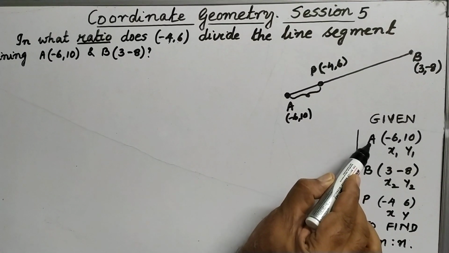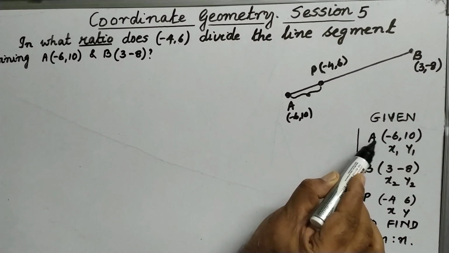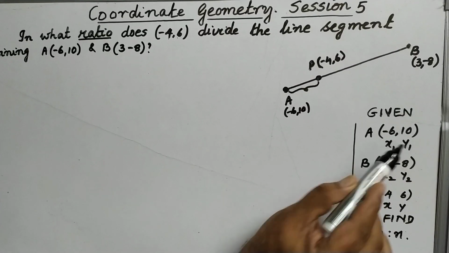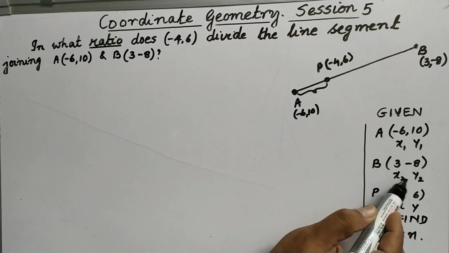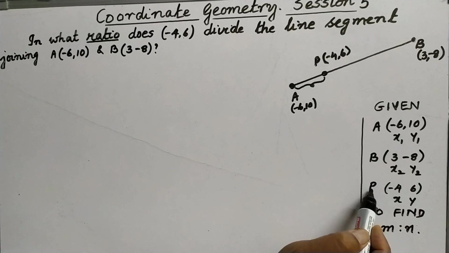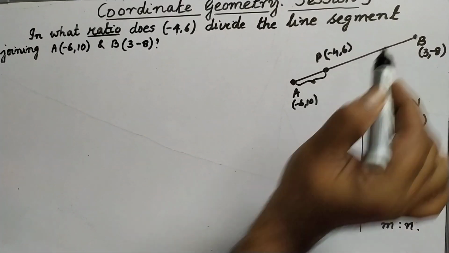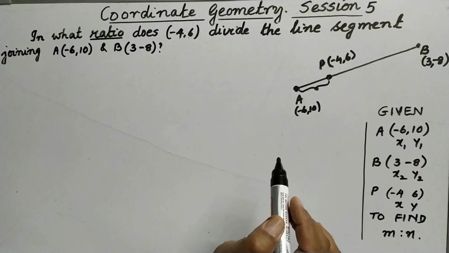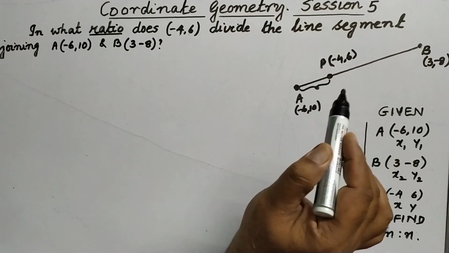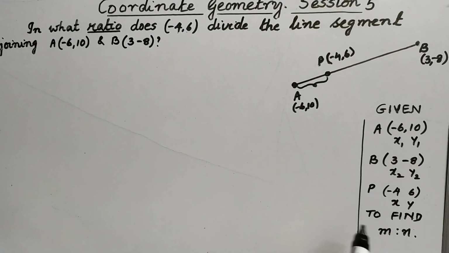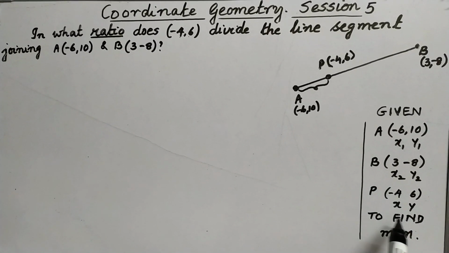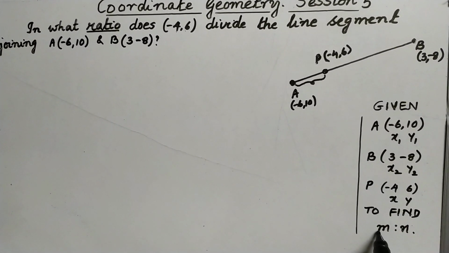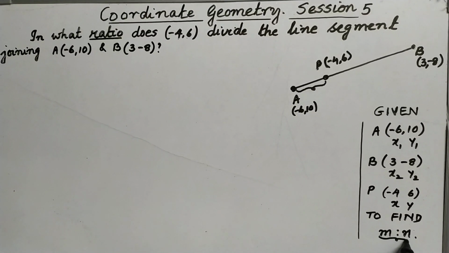They have given A(-6, 10) taken as x1, y1. They have given B(3, -8) taken as x2, y2, and the point P which divides AB into two parts in some ratio is taken as x, y. These three they have given. We should find out the ratio m is to n.